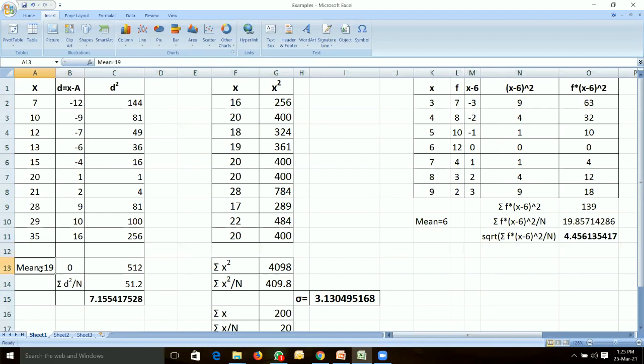I have already written mean is equal to 19. Are you getting it? सेम अभी जो हमने किया था, same way we have to do it. First calculate 3 columns. Done? Okay. Now what is the formula?